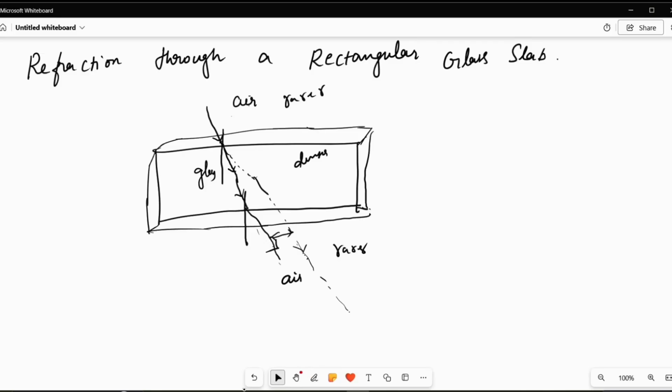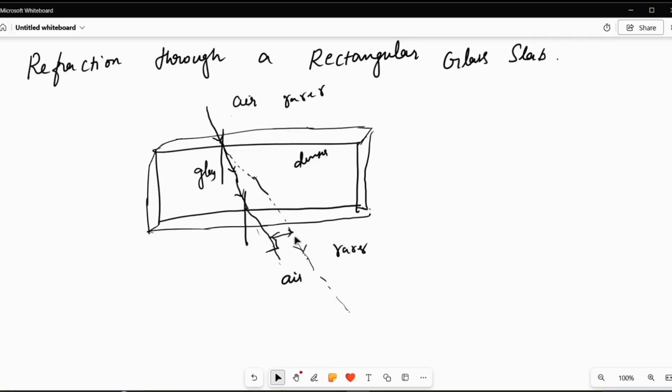Again, I repeat, see. So this is an incident ray. First, light bends towards the normal here. So this refracted ray will be the incident ray for the second time. Now it bends away from the normal. So this is the emergent ray which comes out of the glass slab. Think this is the incident ray. If there is no glass slab, it will come straight like this.